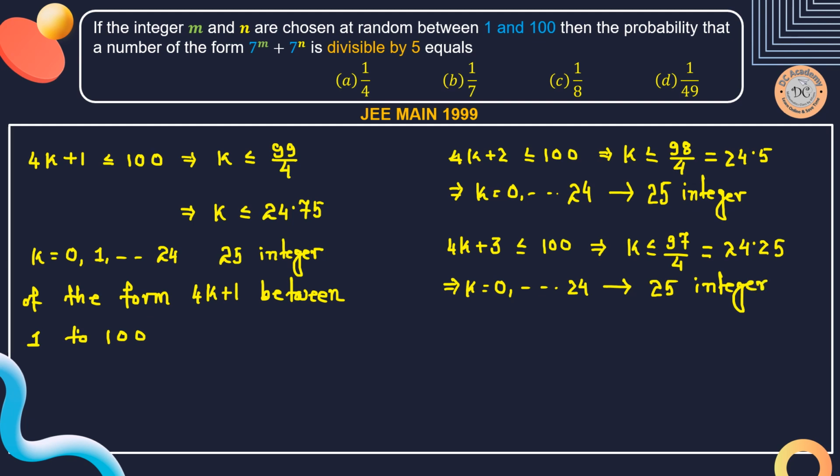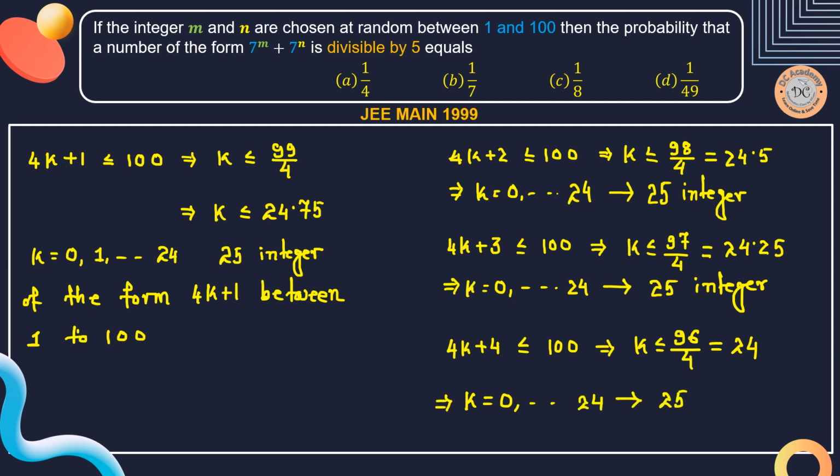of the form 4k plus 2, right? Last one, 4k plus 4, that's less than or equal to 100. So here also we get that k is less than or equal to 96 divided by 4, that is equal to 24. So obviously in this case my k goes from 0 to 24, and we get 25 integers in this particular form. That's it.